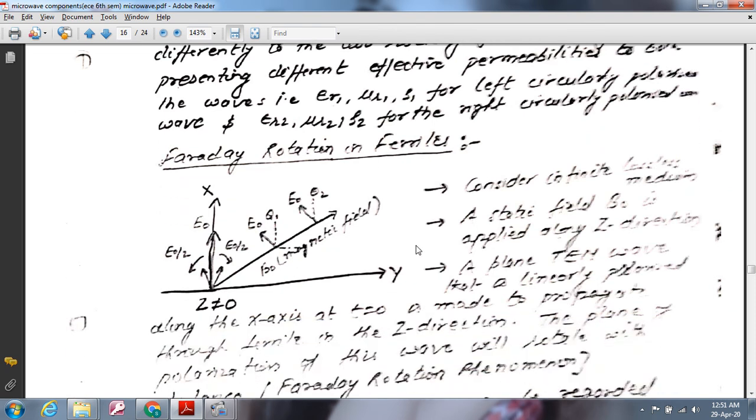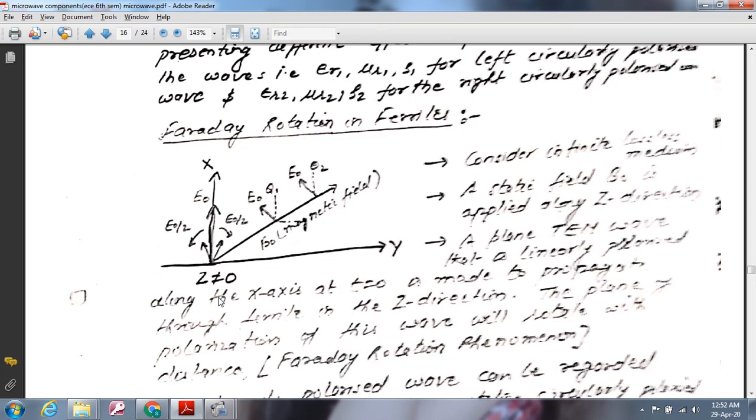Consider an infinite lossless medium. Suppose we assume this is a lossless medium and a static field B naught is applied along the z direction.